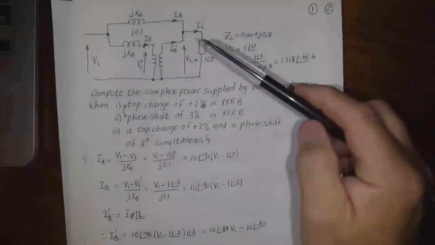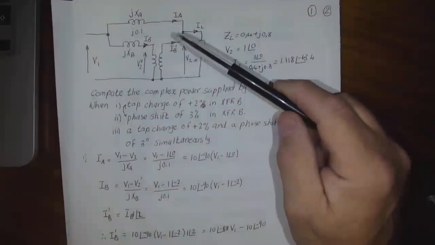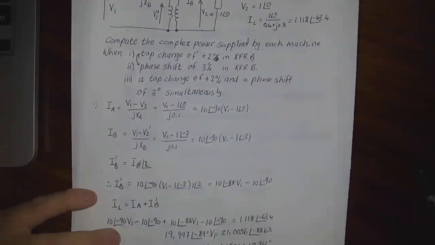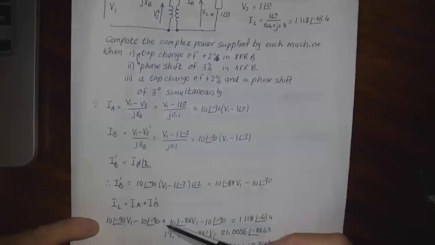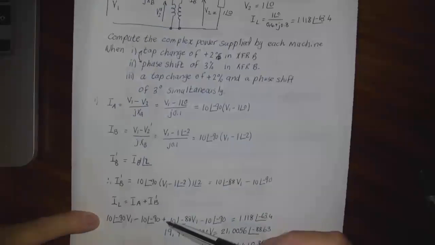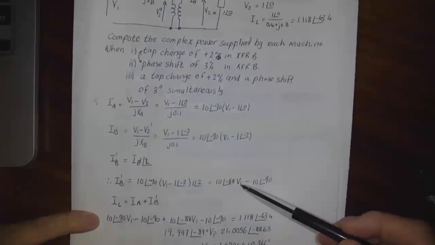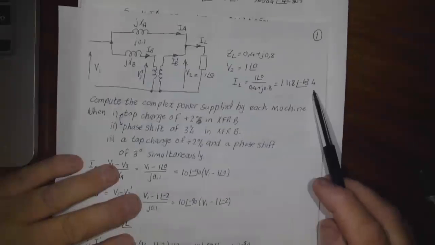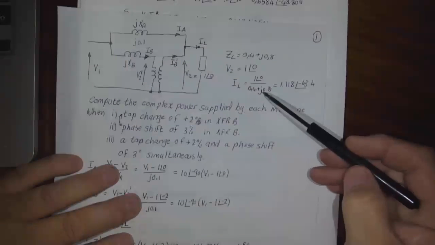And then as we've said before, I load is the sum of IA plus IB dash. Okay, so IB dash then is 10 angle minus 88 V1 minus 10 angle 90. So IA is 10 angle minus 90 V1 minus 10 angle minus 90 plus 10 angle minus 88 V1 minus 10 angle minus 90 is equal to I load, which is 1 divided by 0.4 plus J8.